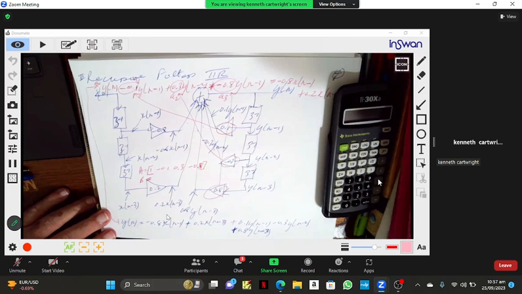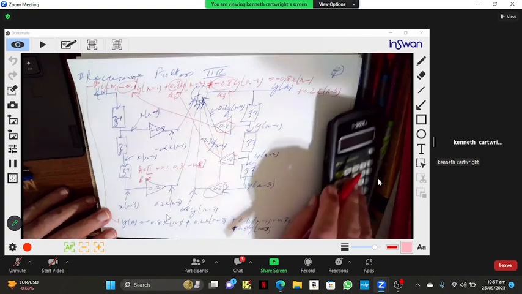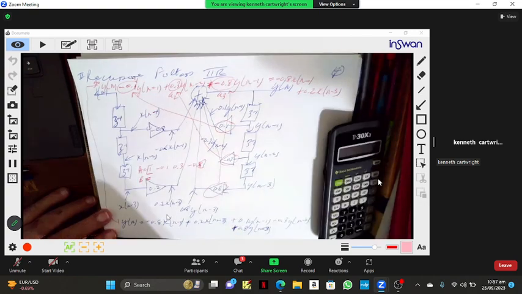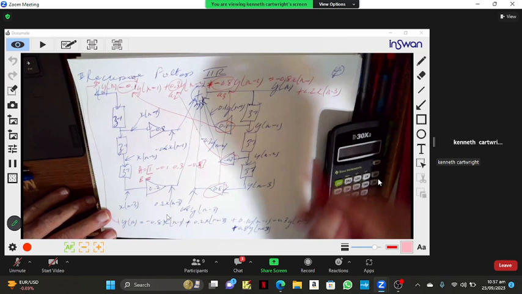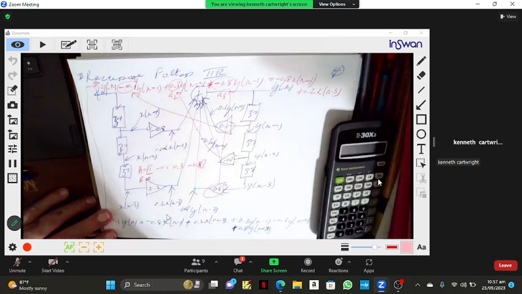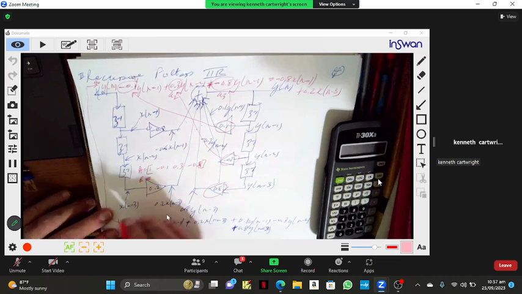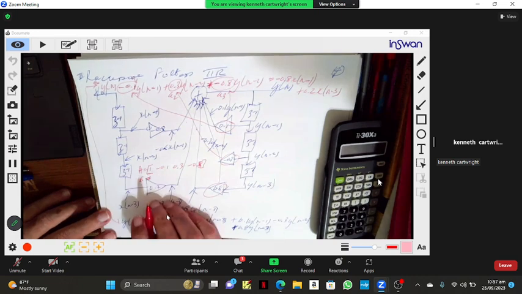Mr. Johnson, that's not right. Apart from the fact that you left out the equal sign.